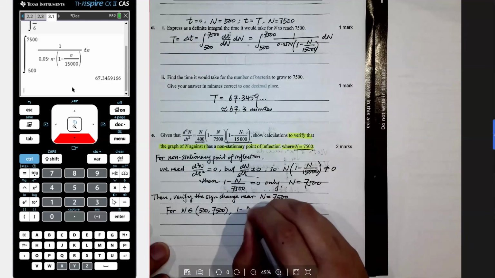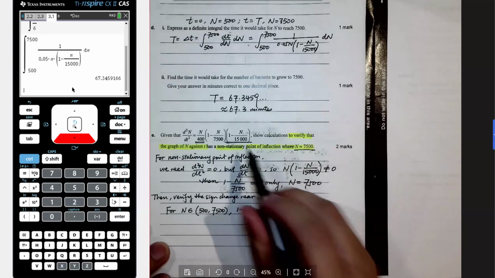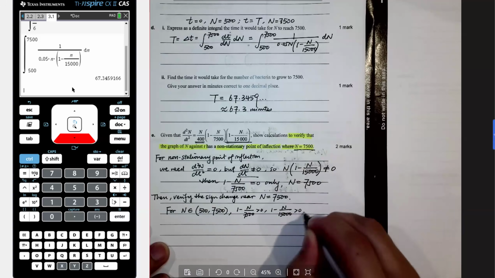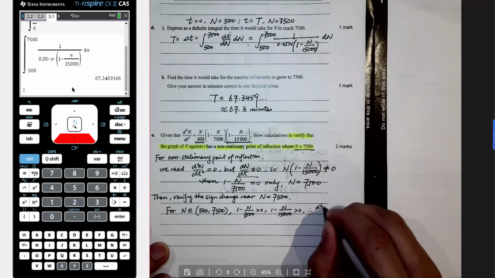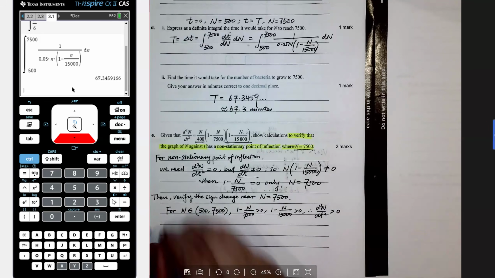So 1 minus n over 7,500 is greater than 0, and 1 minus n over 15,000 is also greater than 0. Therefore, d2n dt squared is greater than 0.